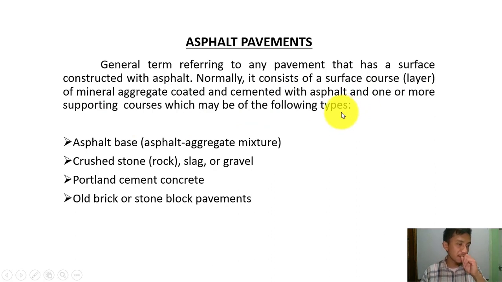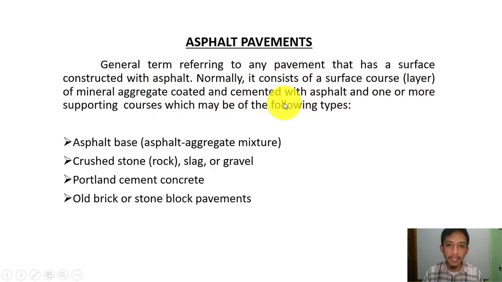As we know, just like with Portland cement, when we lay out a pavement we should have a well-defined base course. Asphalt pavement also needs a well-defined base course, consisting of layers, depending on the design of the pavement.